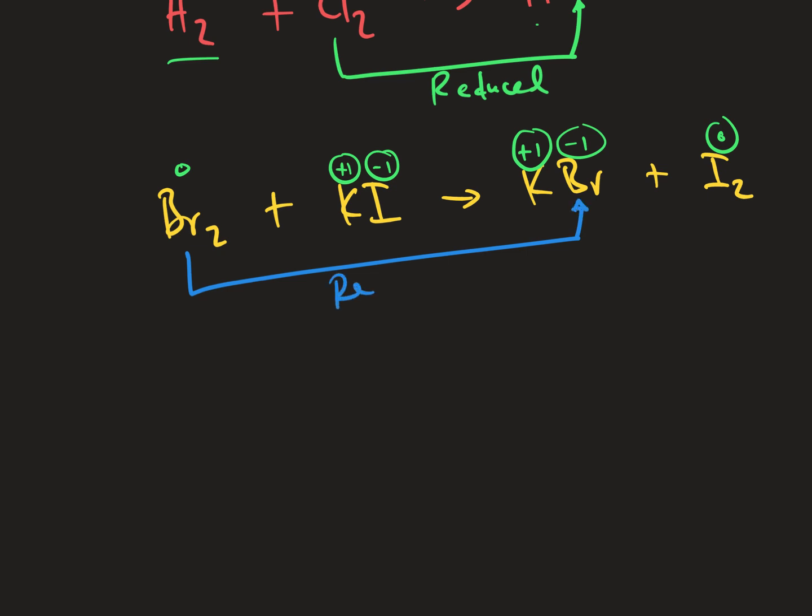If there is reduction, there is an oxidation. So that's reduced. And which one is oxidized? The iodine. And we can see potassium doesn't really change, right? Does that make sense?